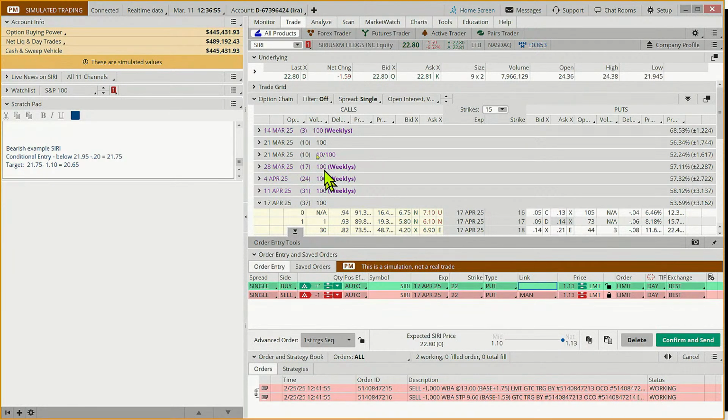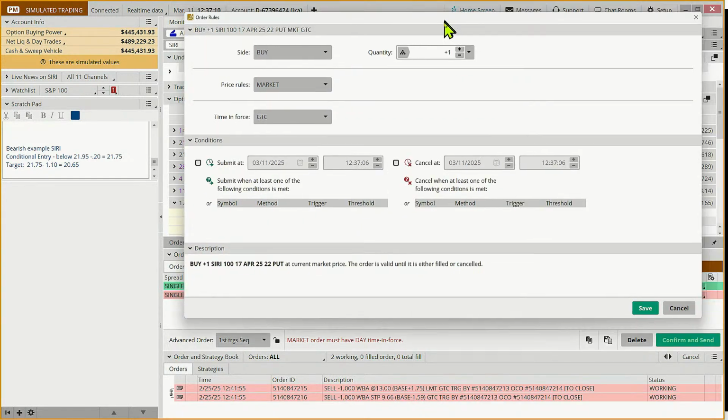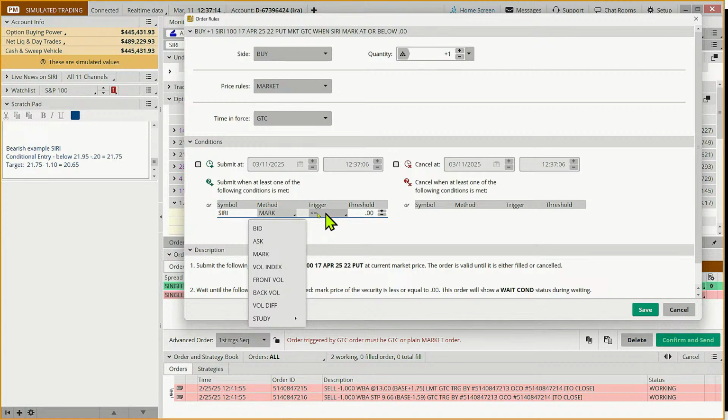and we are going to put in an opposite order. Now I'm going to make this a little smaller so you can all easily see it. We're going to make this a market order that's good till canceled, because we may well not get in today. We may not even get in tomorrow, but if and when Siri goes at or below 21.75, we would like to buy that put.